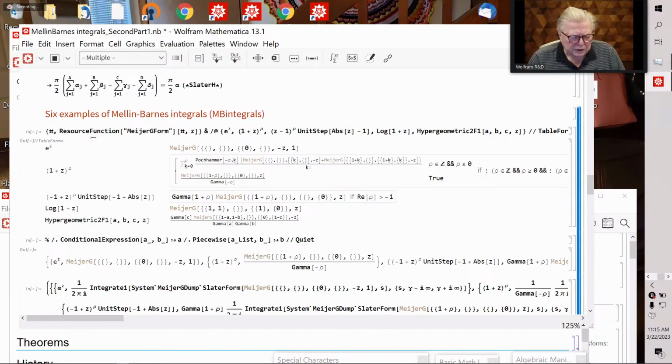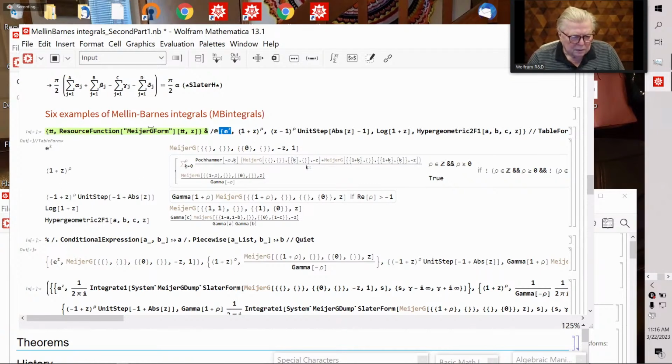Okay, below I present sets of examples for Mellin-Barnes integrals, and as I mentioned in my previous talk, we have about 100 plus cases when we can convert functions into MeijerG form.